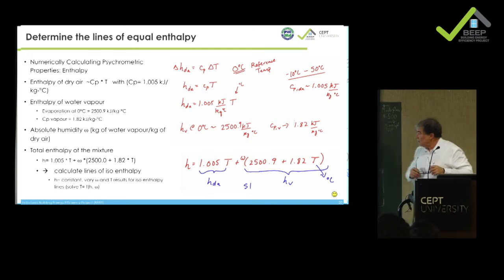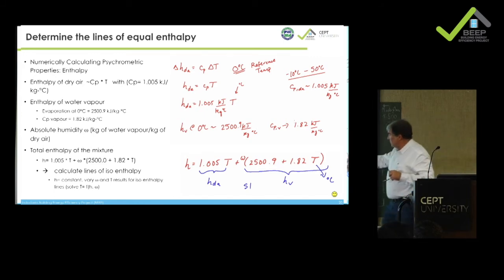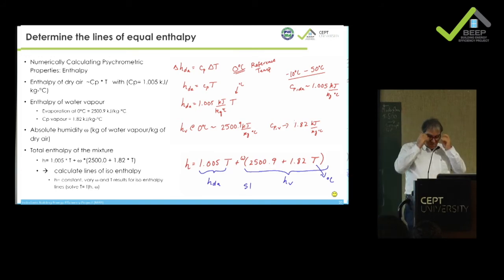That's the sum of these three components. Exactly. And after that, you just solve it for temperature and humidity, and then you get some straight lines because it's linear, so you will see that when we build it.